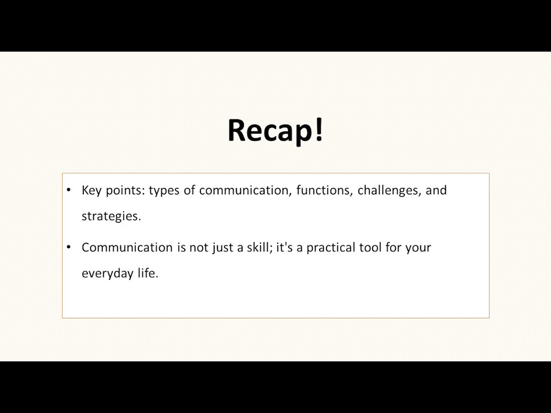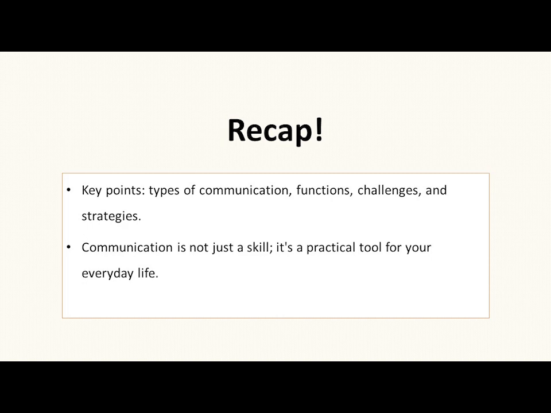We have given emphasis on practical application. We said communication is not just a theoretical concept. It's a practical skill that can shape your everyday experiences. We have highlighted the relevance of effective communication in job interviews, relationships, and various life situations.